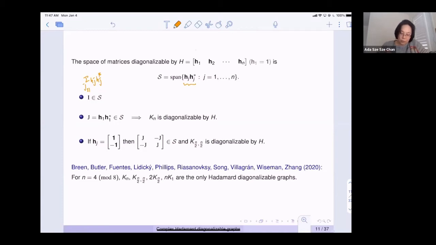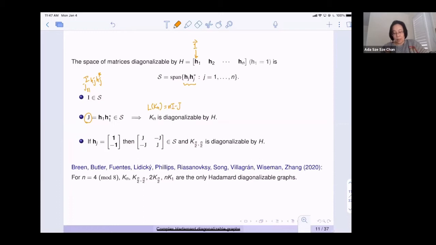So we say that we assume that the first column is the vector of all ones. So if you look at h_1 h_1 conjugate transpose, then we get the matrix J, matrix of all ones. Okay. So then that immediately tells me that no matter what H is, because we know that the Laplacian of the complete graph is n times I minus J, okay? And we know that I and J is in this space.